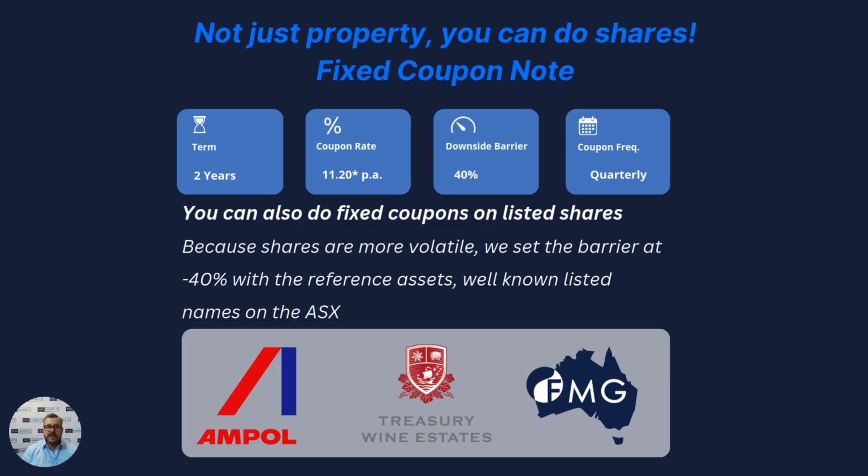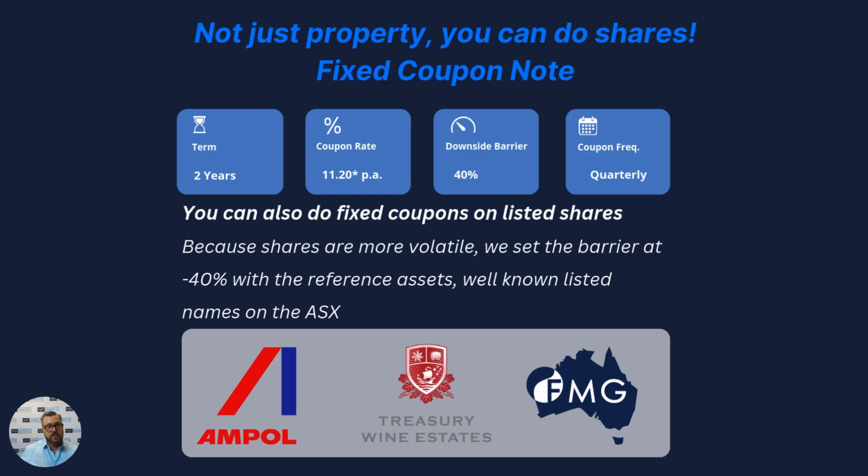Now, it's not just property you can do this on. You can also do this on shares. So one that we did recently in January this year in 2025 was a fixed coupon note, which involved brands you may have seen: Ampol, Treasury Wines, that owns Penfolds, and Fortescue, which is one of the ASX staples, an iron ore miner.